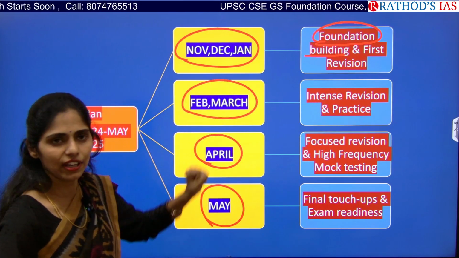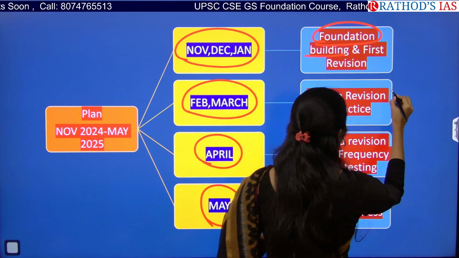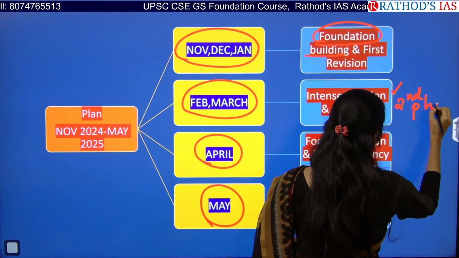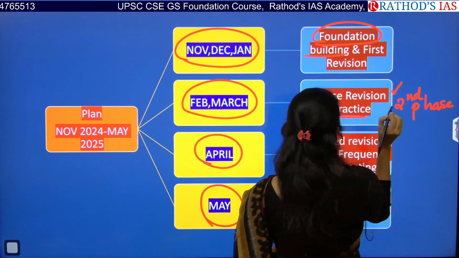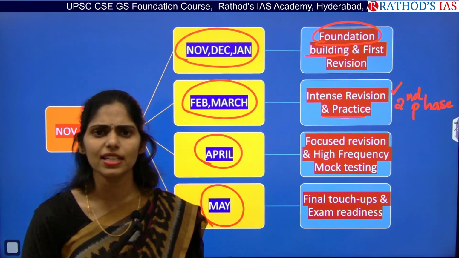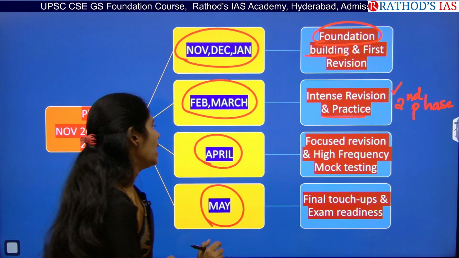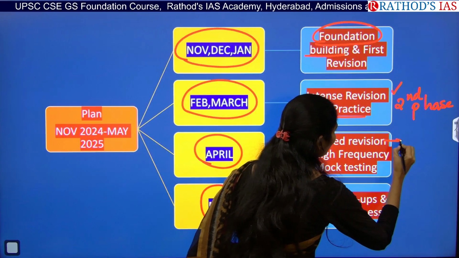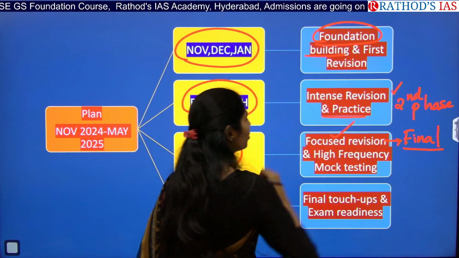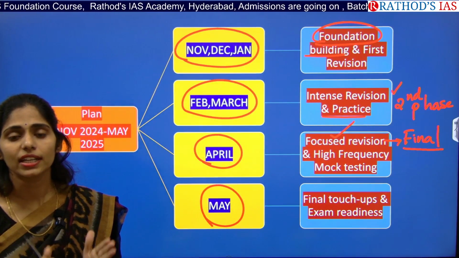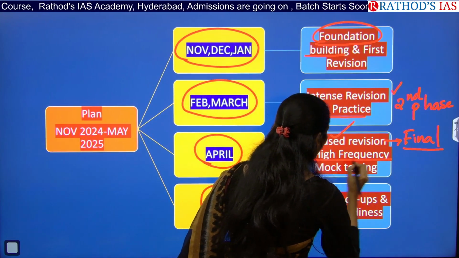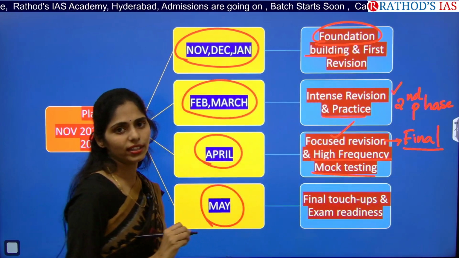In the second phase, focus on intense revision, your second revision, along with practice. Practice includes PYQs as well as the test series available in the market. In the third phase, you will focus on final revision, that is, focused revision, and next, high-frequency mock testing.